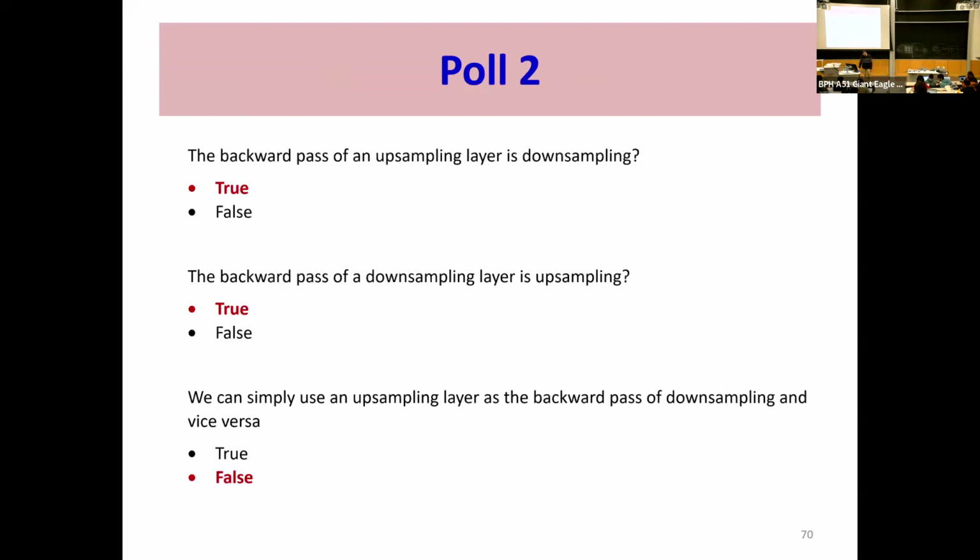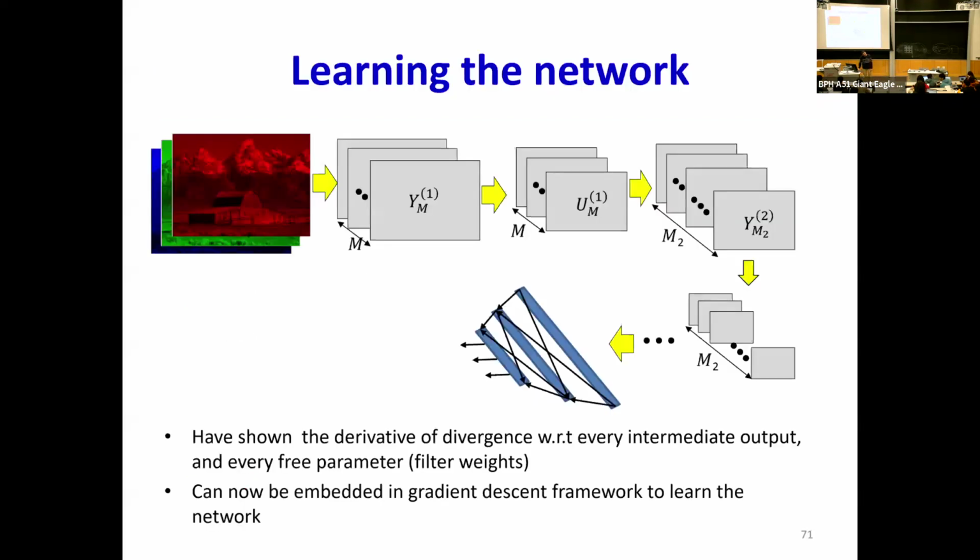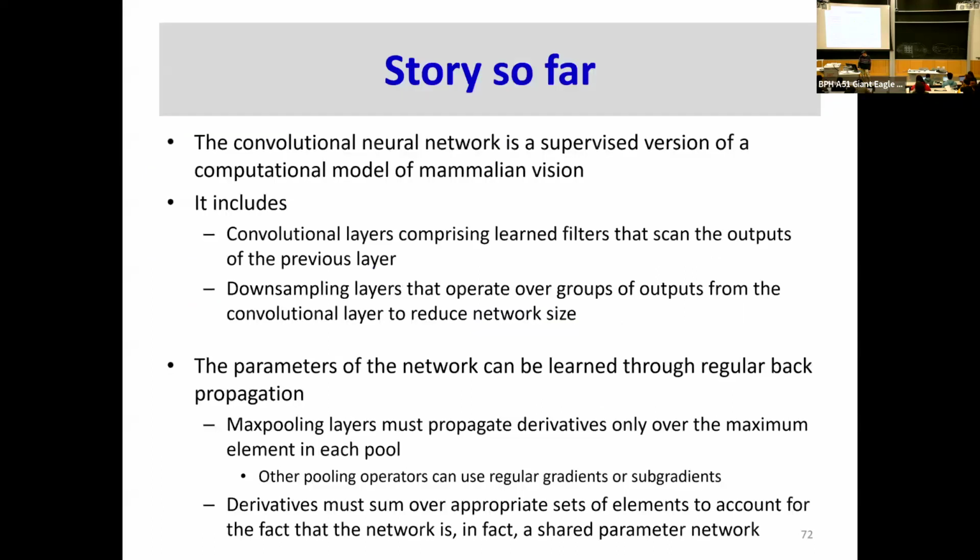Okay. All right. So, learning the network. We've shown how to compute derivatives for pretty much every component of the network. So for the basic convolutional model, we could, in principle, go back and write the backward code without much effort at this point. And so here is the story we have so far.